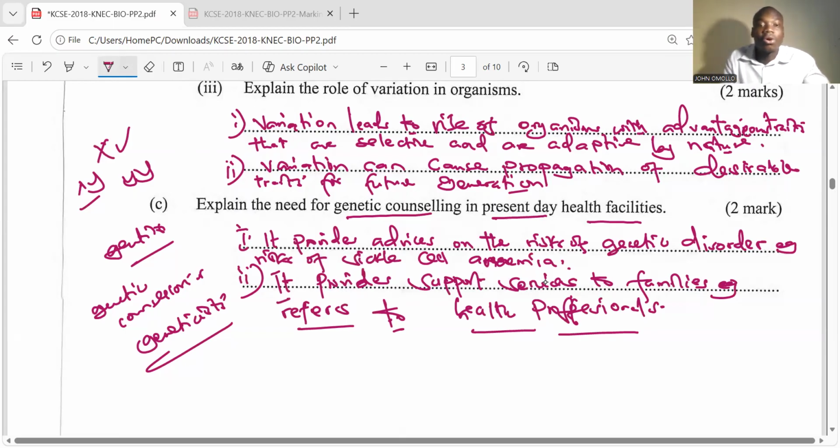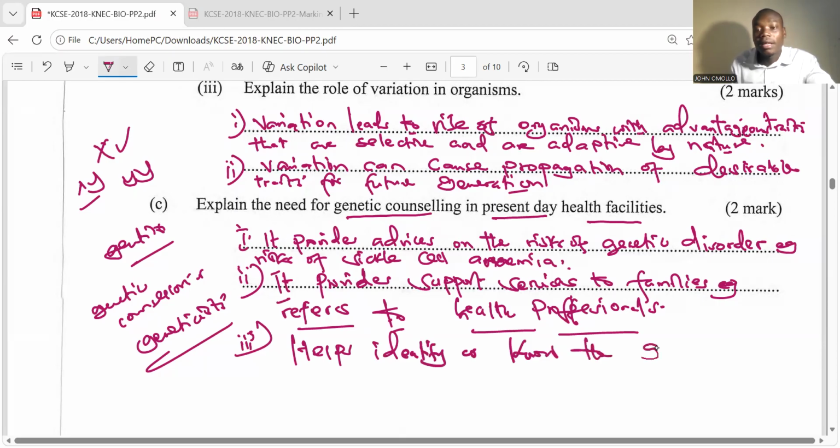So again, it helps identify or know the genetic disorders.